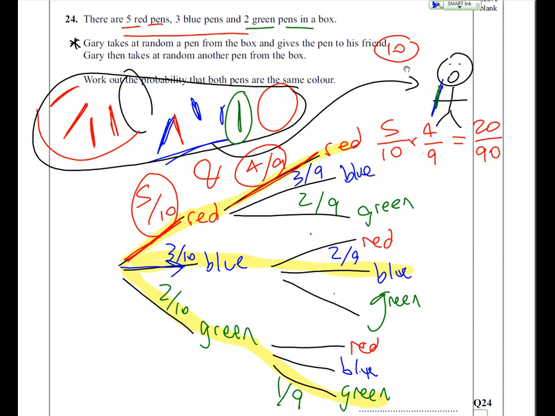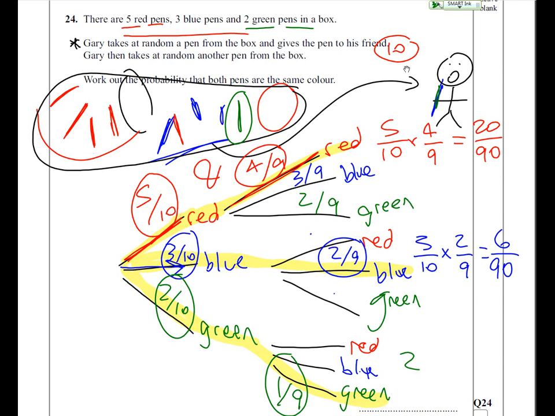For blue, 3 over 10 times 2 over 9, 6 over 90. I'm not rushing to simplify, guys. Green and then green is 2 over 10 times 1 over 9, 2 over 90.